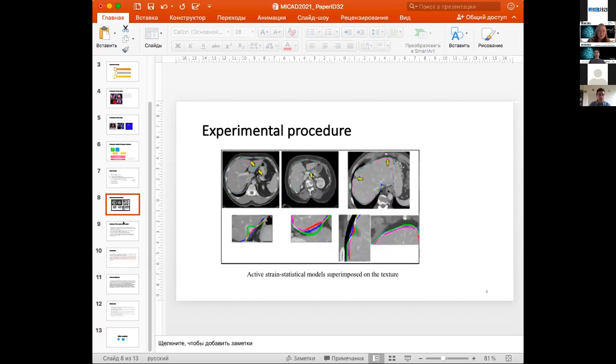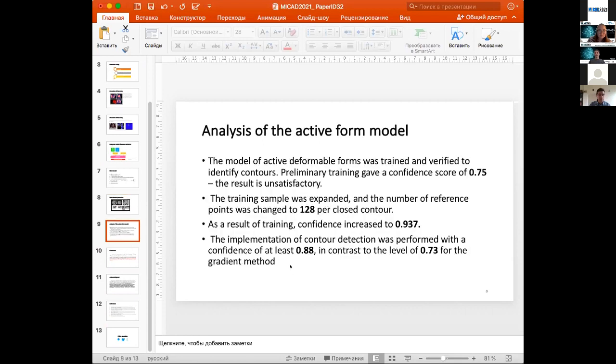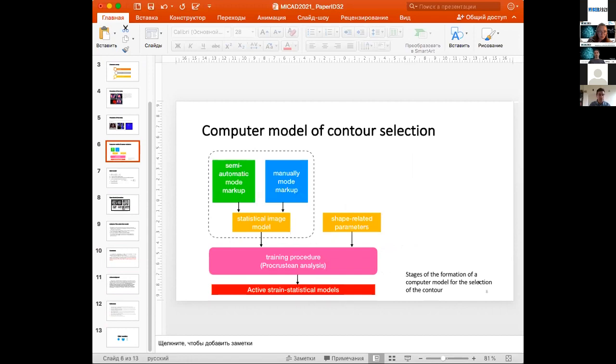We researched the effect you mentioned in the training procedure with experts of radiology.